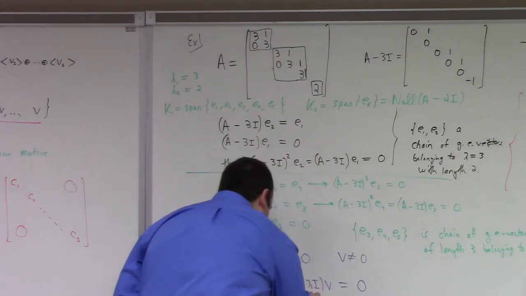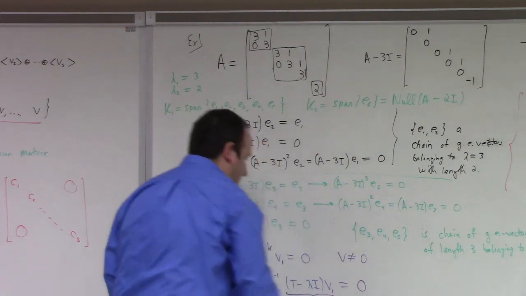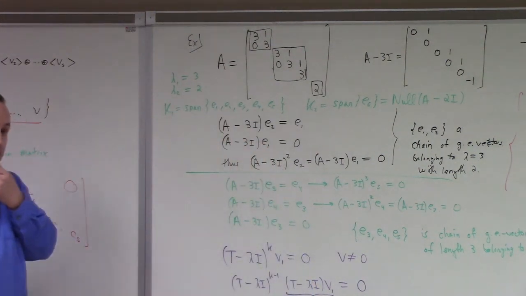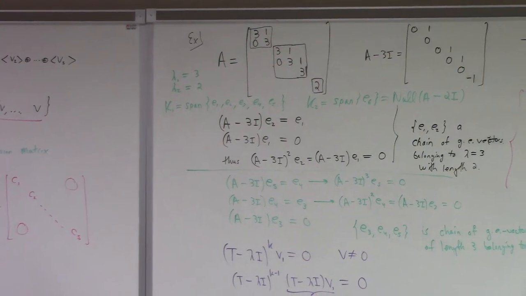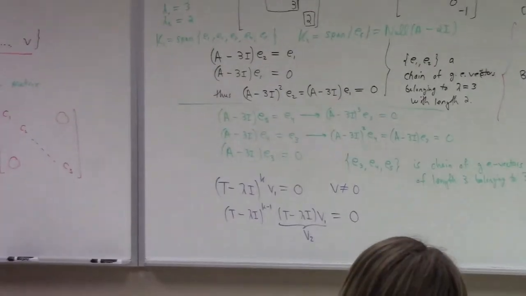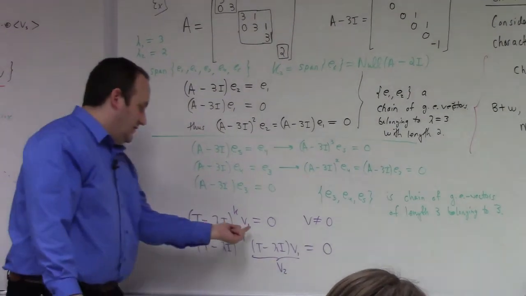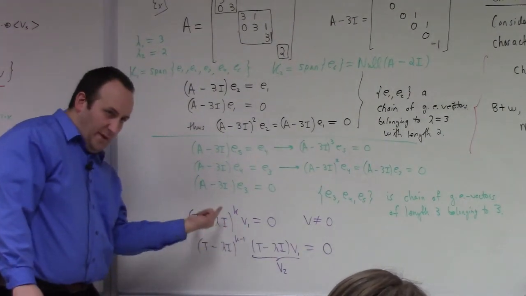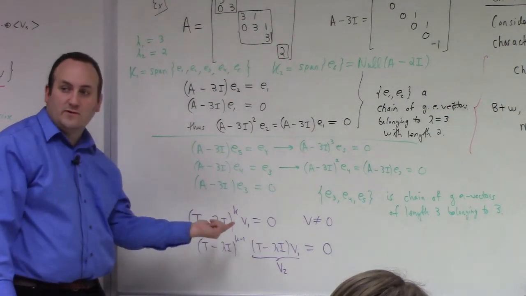But I can call this thing v1, and I can call this v2. Now, this v1 is special, right? This is the first power k for which this happens, no smaller k.